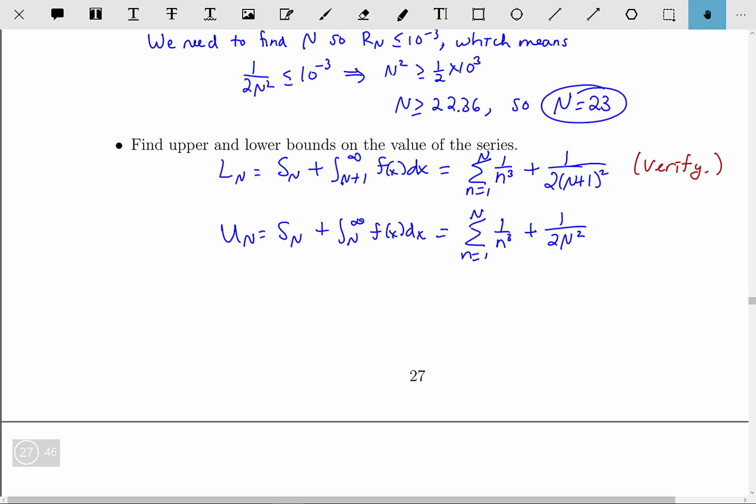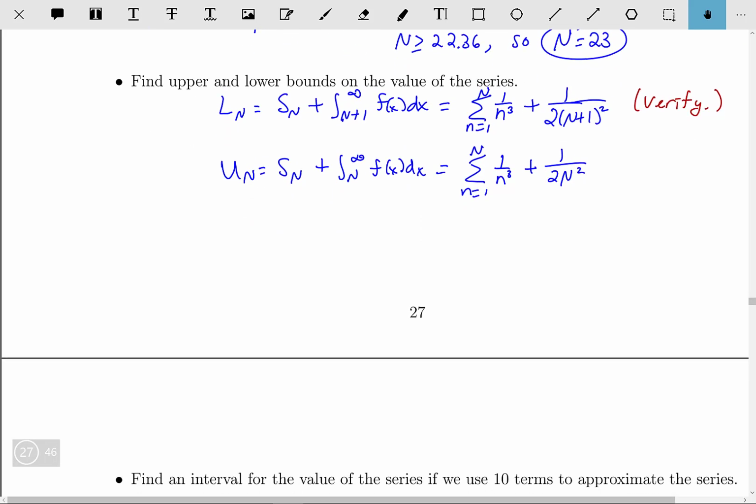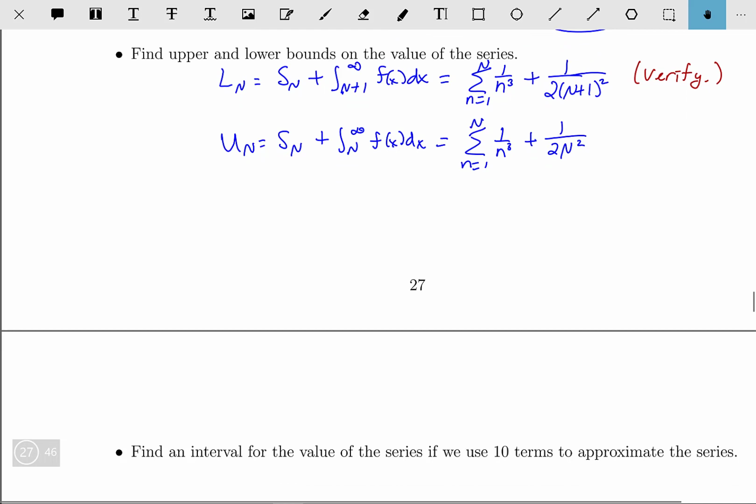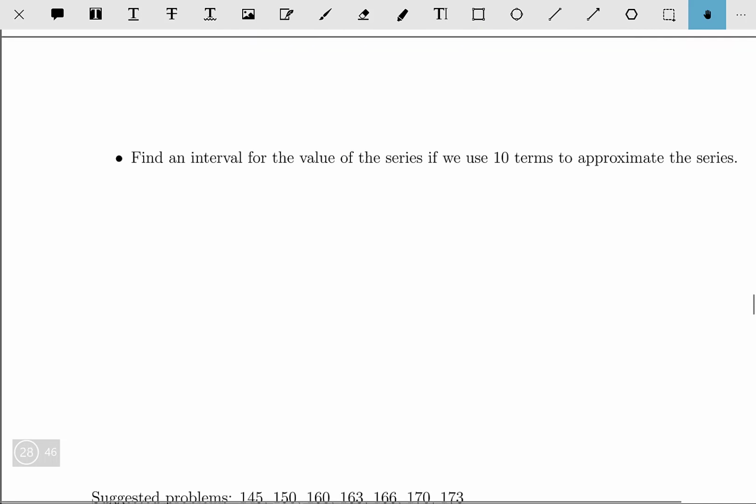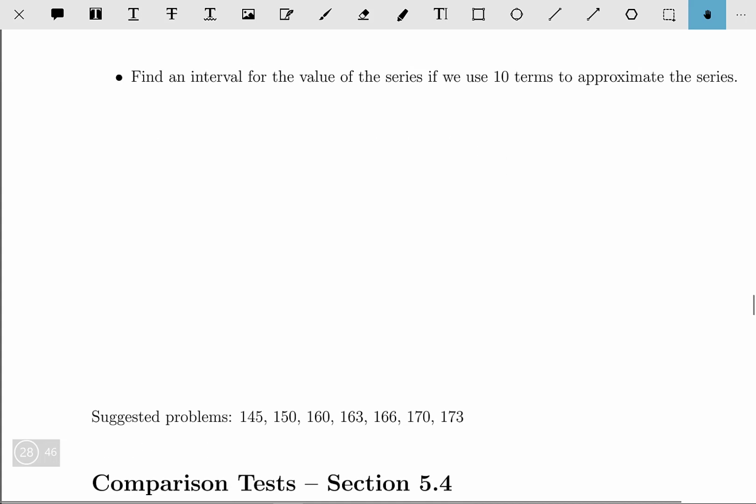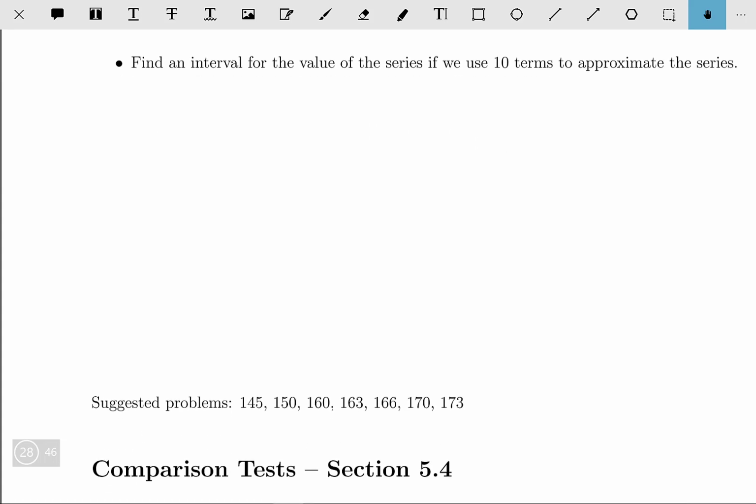Okay, so now we've got upper and lower bounds on the value of the series. You might say, big deal. You might, but you shouldn't. We can use the upper and lower bounds to give us an interval for the value of the series, which is especially useful if we have a series where we don't actually know the value.